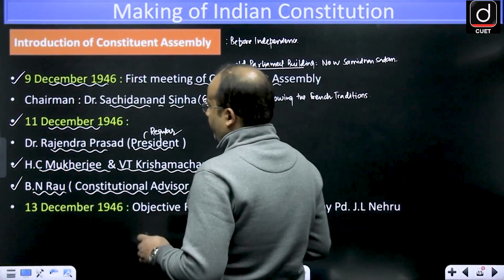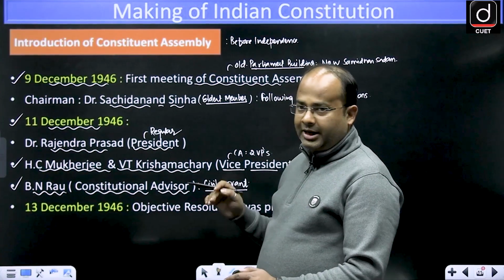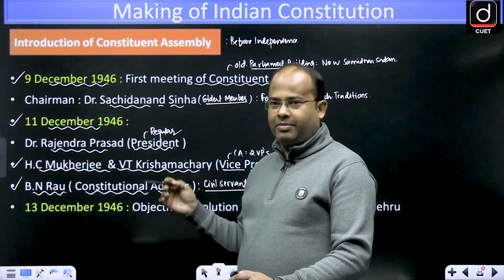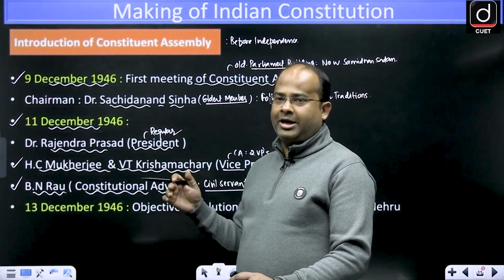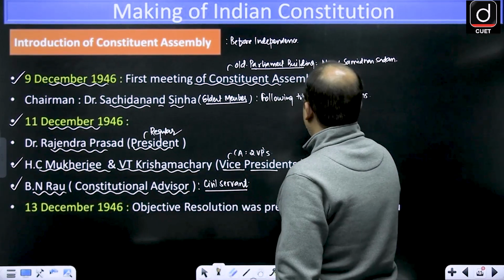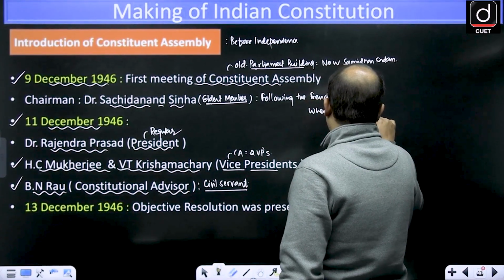Now guys, the regular session of the Constituent Assembly started, and when India became independent, two types of work were done by the Constituent Assembly. First was to draft the constitution, and another was to draft the ordinary laws.